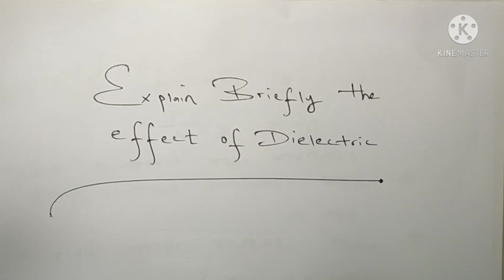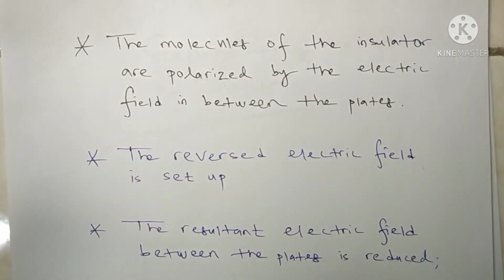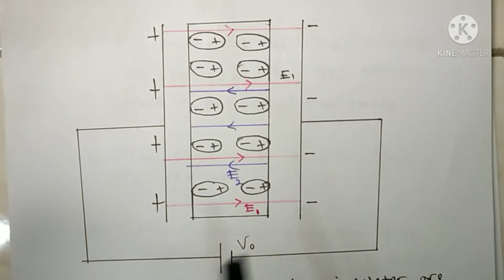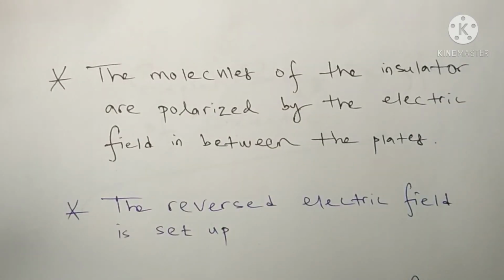Explain briefly the effect of dielectric. When the dielectric is inserted between two parallel plates, where the circuit is connected to battery V0, the molecules of the insulator are polarized by the electric field in between the plates. The reverse electric field is set up.